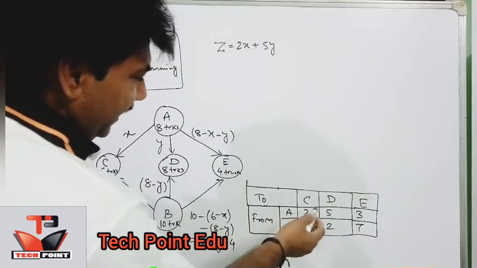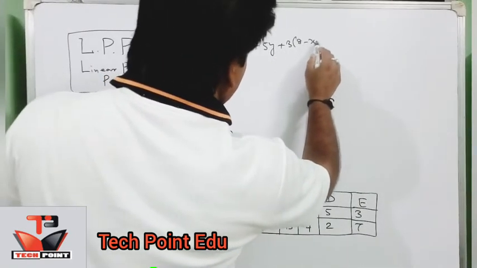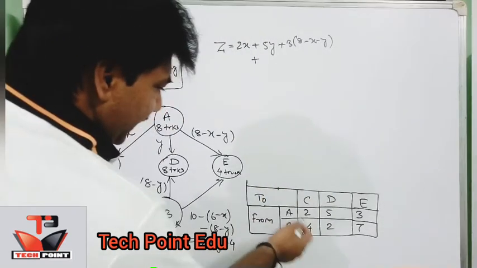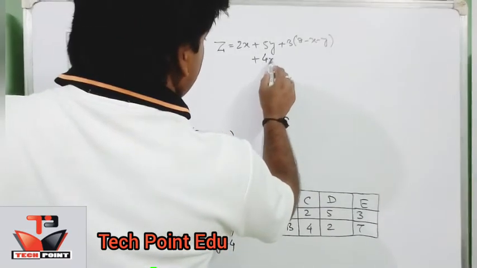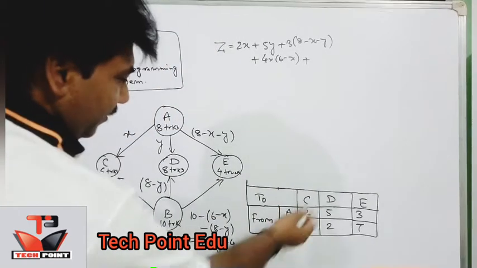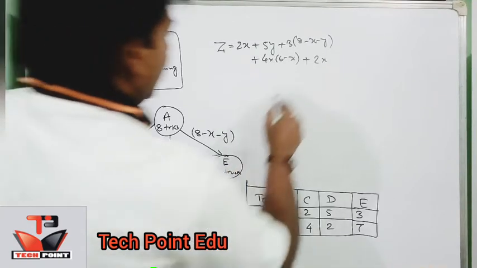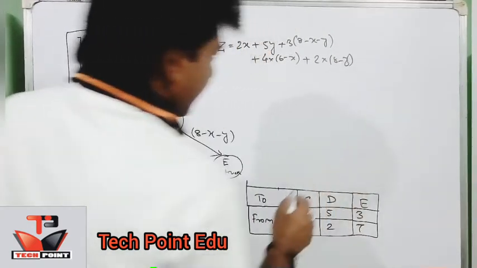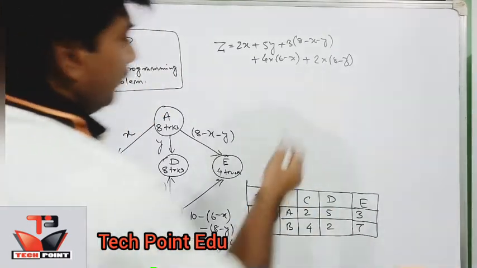Similarly, A to E is 3, that means 3 into (8 minus X minus Y). Next, plus B to C is 4 into (6 minus X). Similarly, B to D is 2 into (8 minus Y). Next, B to E is 7, and this one you have to multiply.